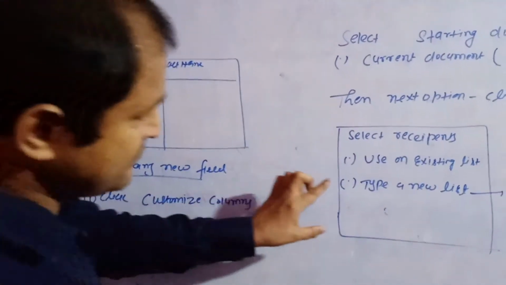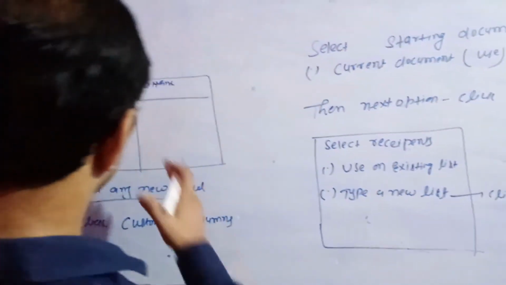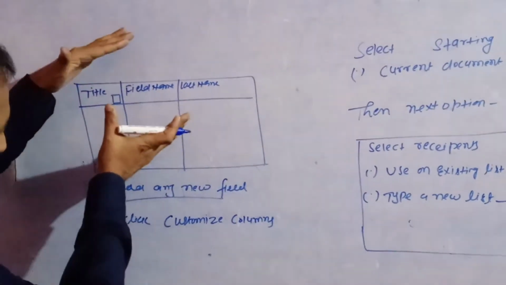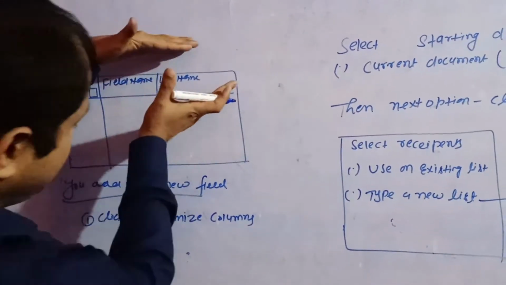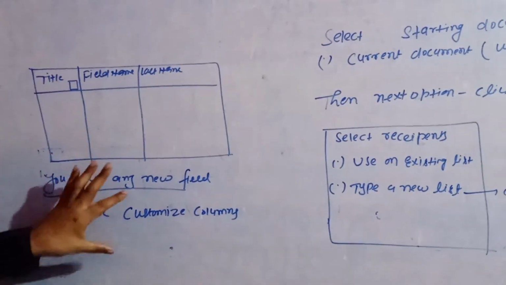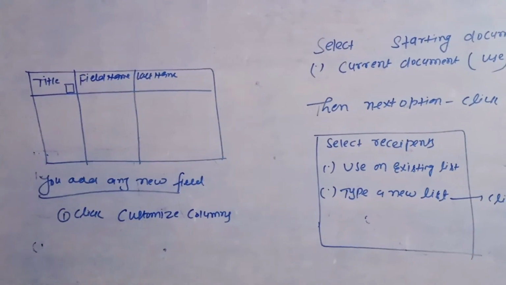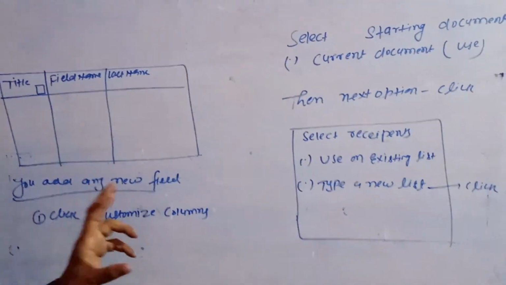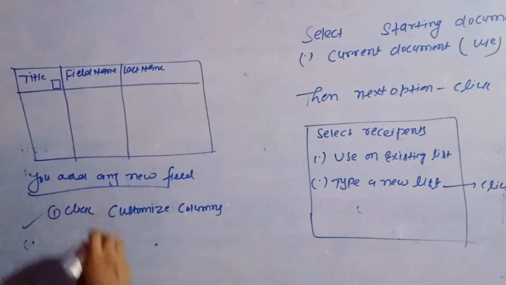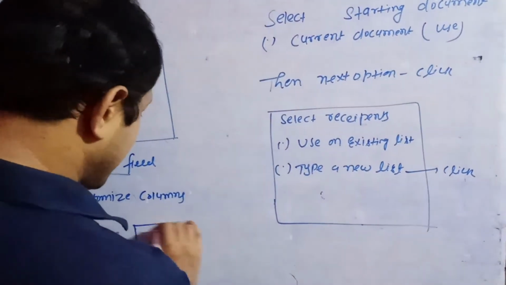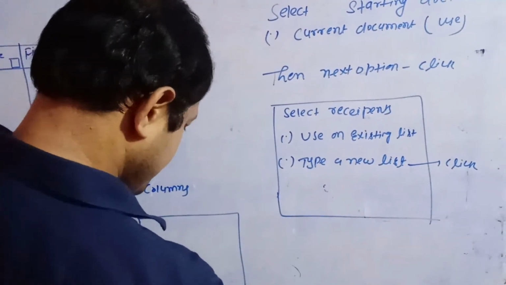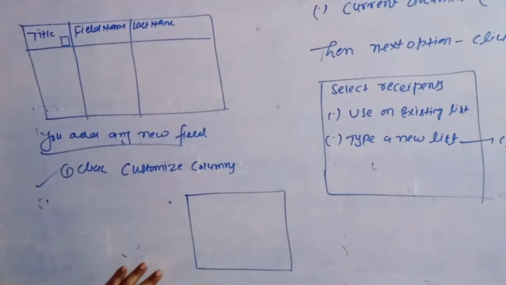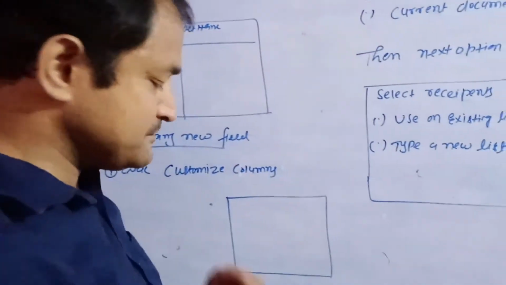You click type a new list, one window appears with so many criteria, but to add a new field, you click customize columns. Then one dialog box appears again in front of you.